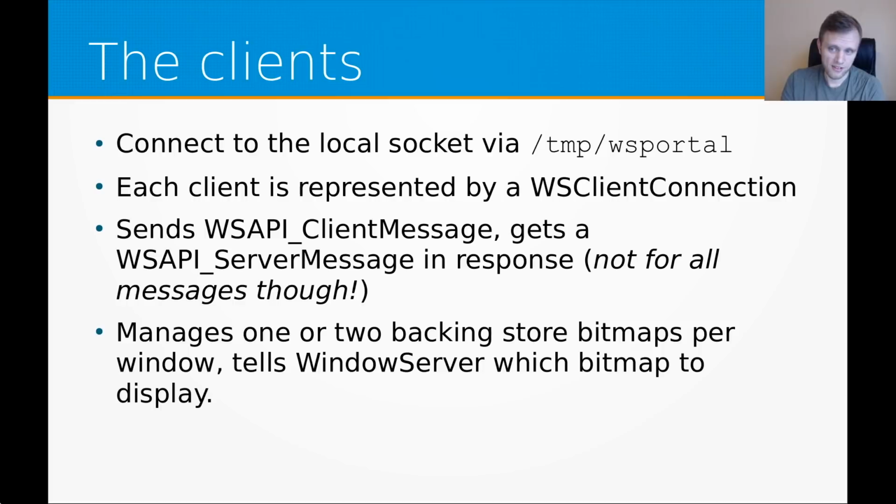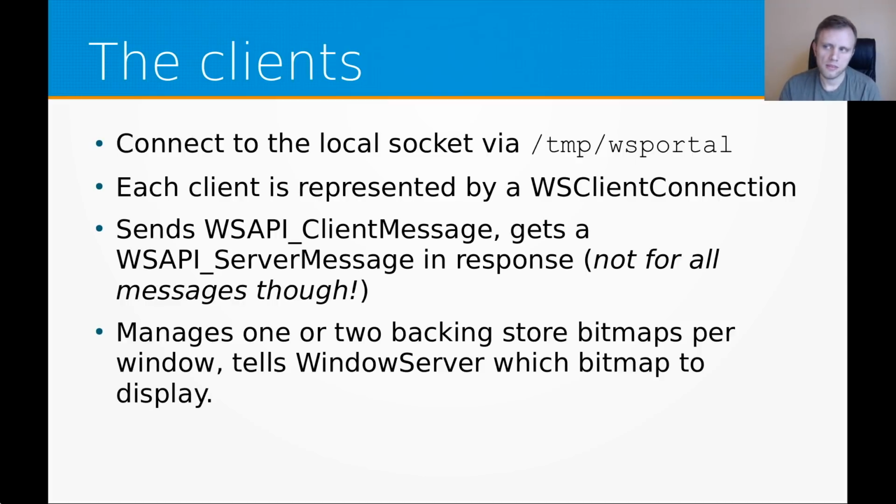Okay, so the clients. They connect to the local socket via the /tmp/ws/portal that I mentioned. Every client is represented by a WSClientConnection object in the Windows server. And what they do is that the client will send WSAPIClientMessage structs across the socket, and the server will respond with a WSAPIServerMessage.